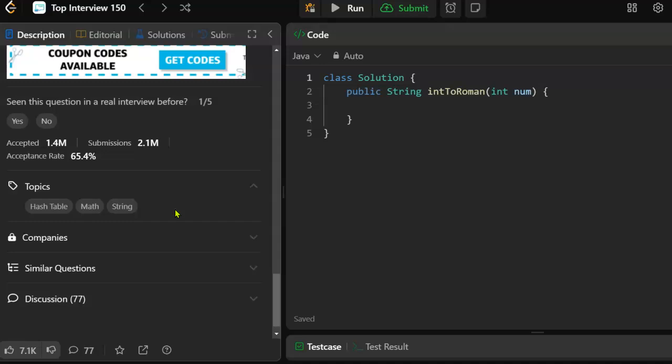There's a number of ways to do this with elaborate if-else structures. With the hash table, you're going to need an if-else structure. I guess you could do a recursive solution to it. But anyway, let's code up our solution.